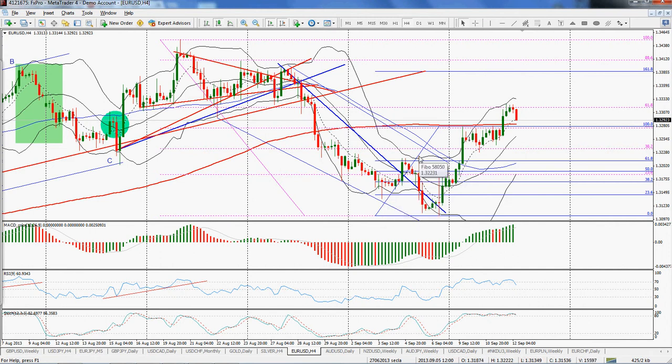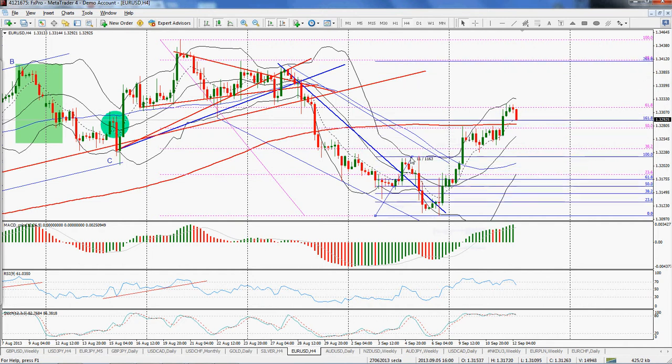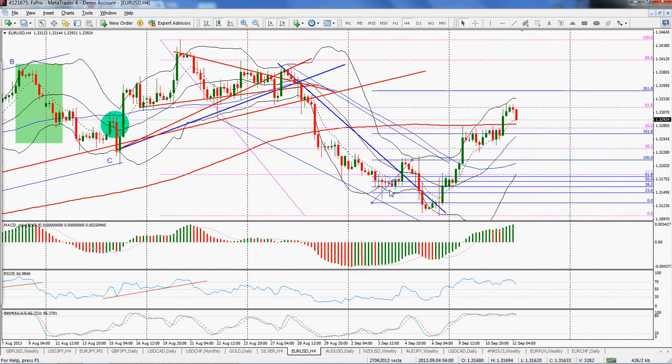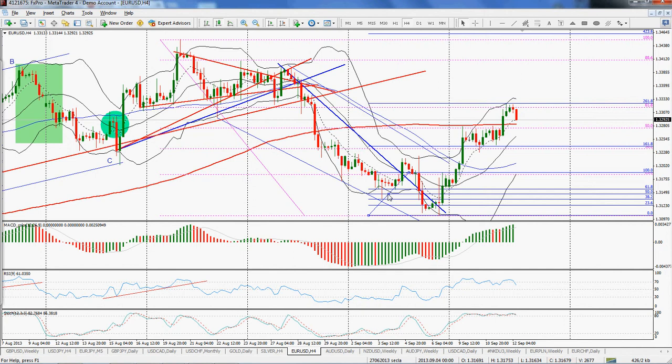And if you treat it like A, B, C, and if you try to measure, that was an A, and if you put it like that, you've got a target for the wave C. So a big A, a big B, and a bigger C. So that's why the market is currently reacting to that level.